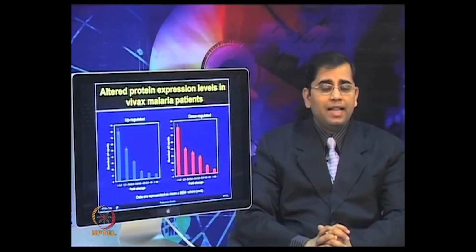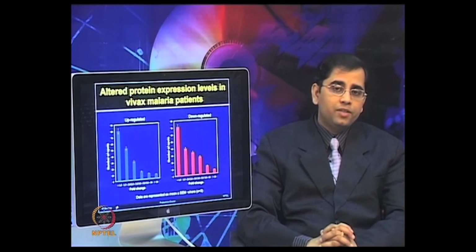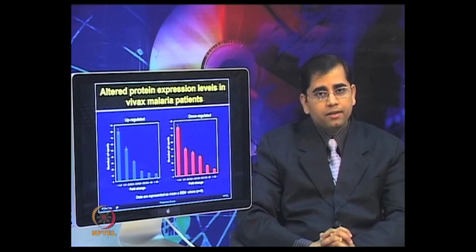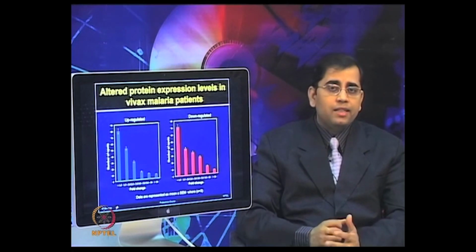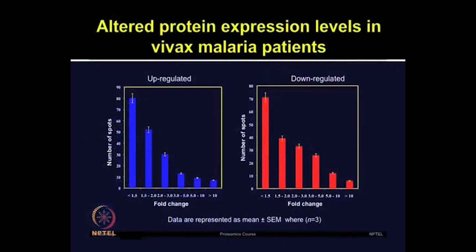After completing the analysis, we were able to obtain a large number of differentially expressed proteins, and as you can see in this graph, there are proteins which vary in different ranges of fold change. Many proteins show very little fold change between 1 to 1.5 fold, and there are a few proteins which also show more than 10 fold up or down regulation.